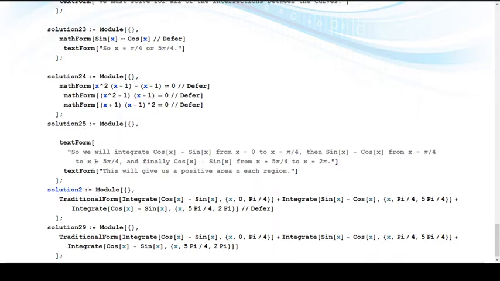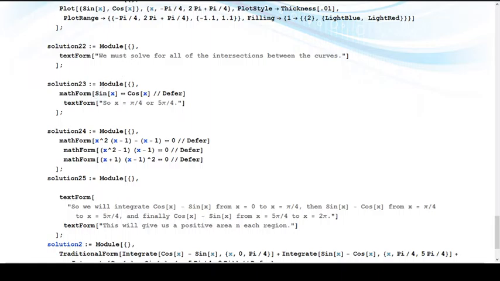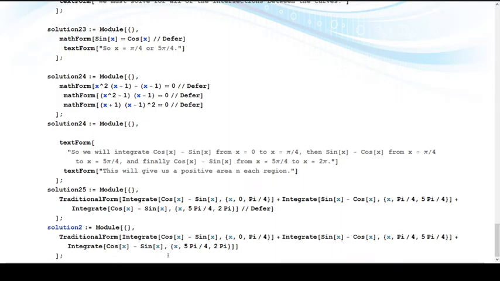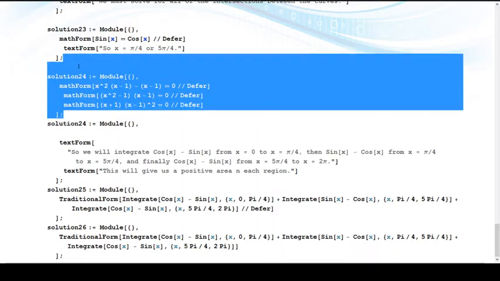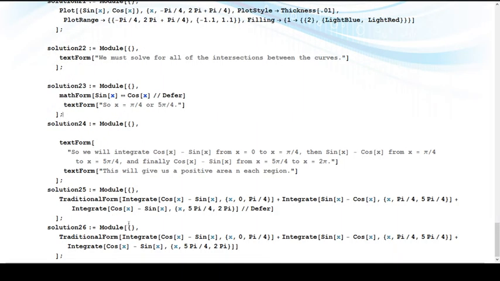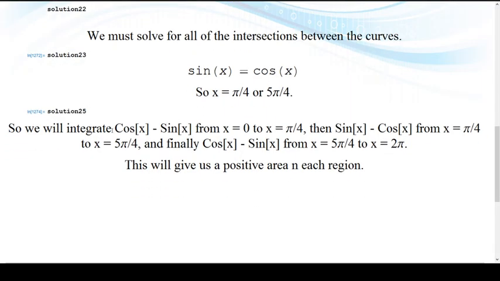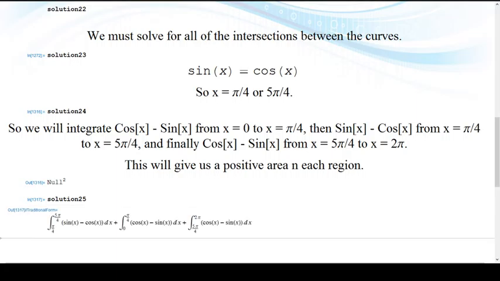Here we go. That should be 24, that's 25. This is 26. This gets deleted. Okay. And now we're back on track.